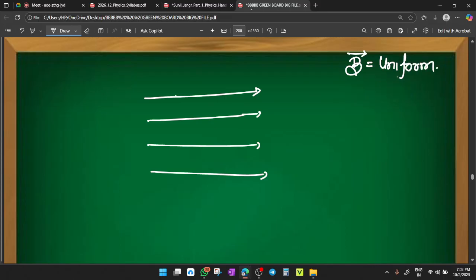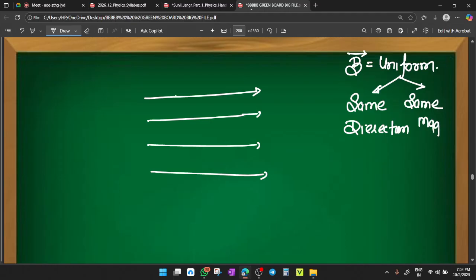Uniform means same direction and same magnitude. Two things are the same: magnitude and direction. Then the field is said to be a uniform magnetic field.